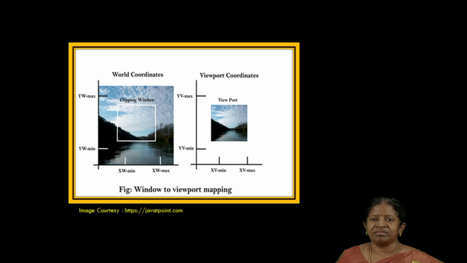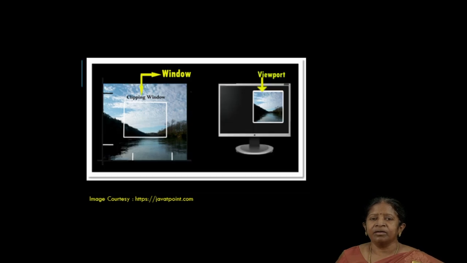Window is mentioned in world coordinates, whereas the dimensions of the viewport are mentioned in screen or device coordinates. So, whatever is enclosed within the clipping window alone will be shown in the viewport or the monitor.